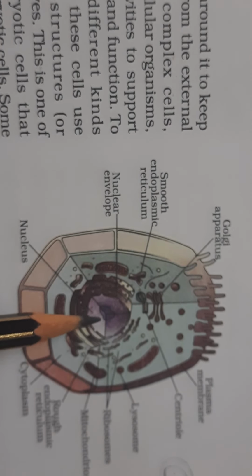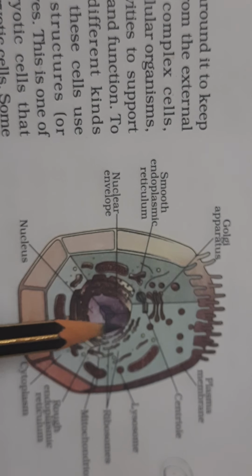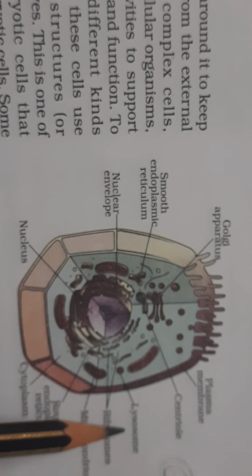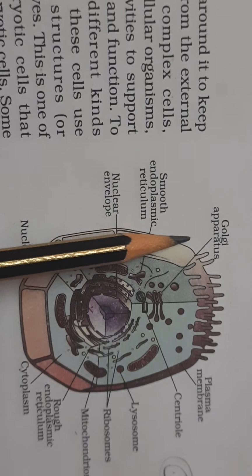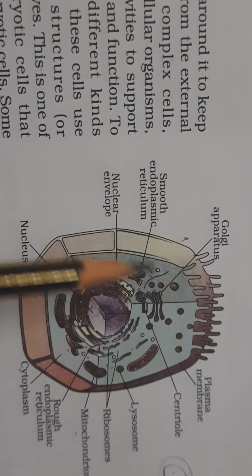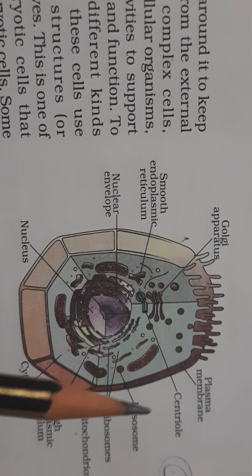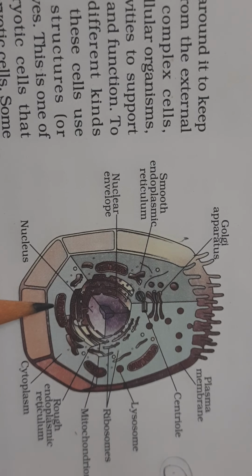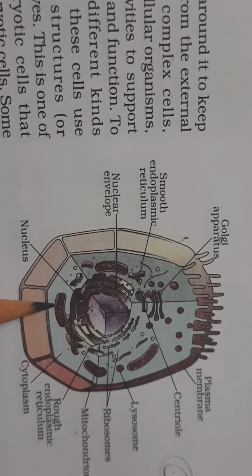The nucleus is the brain of the cell. Along with the nucleus, it has other cell organelles also, like the endoplasmic reticulum, lysosomes, mitochondria, the Golgi apparatus, and these are all very important for a particular cell to perform. We will study these cell organelles one by one in the next class.